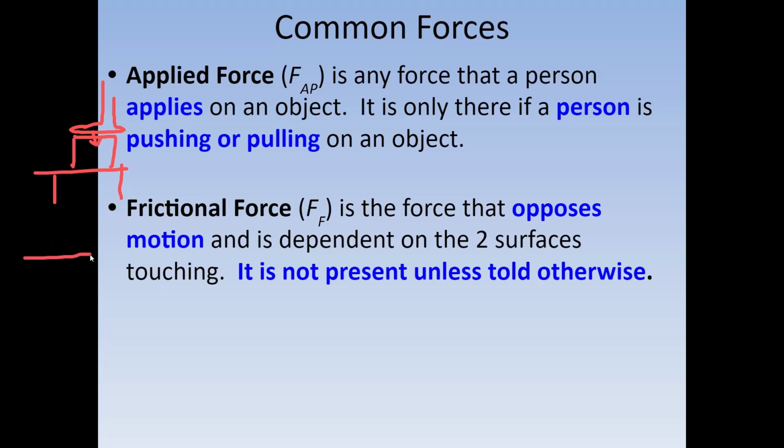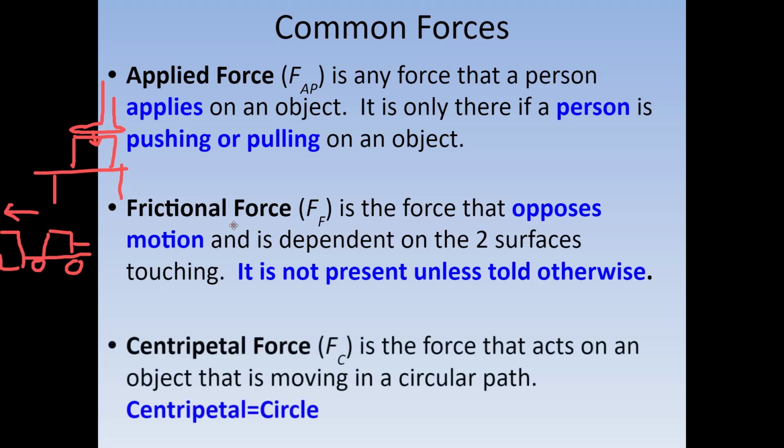But if we had an object on a car, a truck, like this, and the car started moving, and this block remained connected to the truck, that wouldn't work unless there's friction. So that would be a hint. Okay, there must be friction acting on this box. So I just wanted to throw that out there: there are scenarios where you can look at it and say this wouldn't work without friction. Therefore, there must be friction on it.